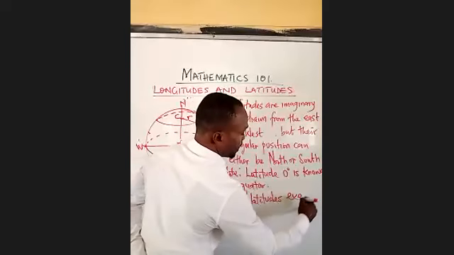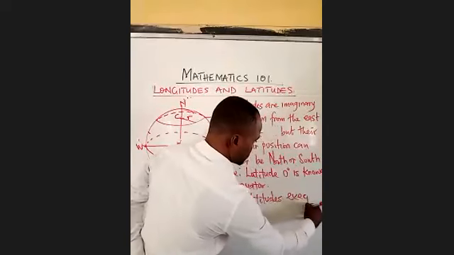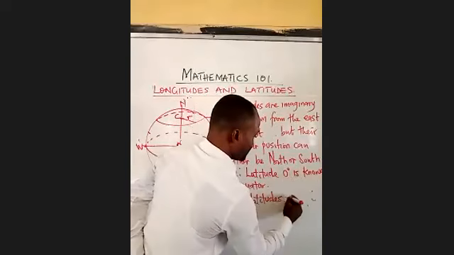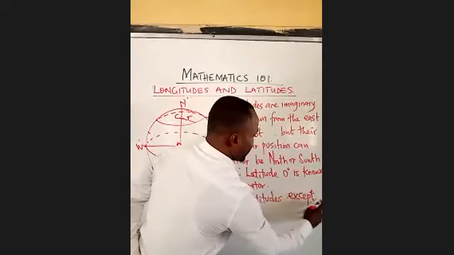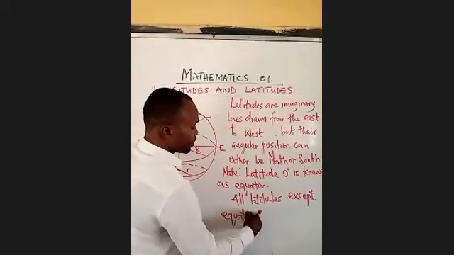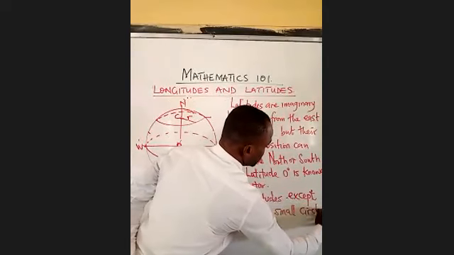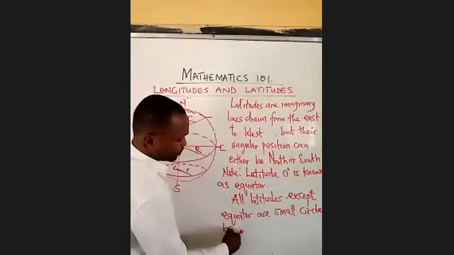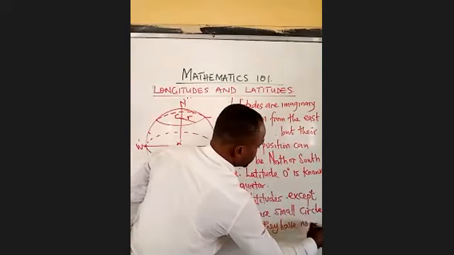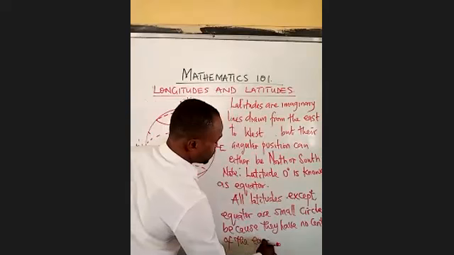And note again, all latitudes except the equator are small circles because they have no center of the earth.